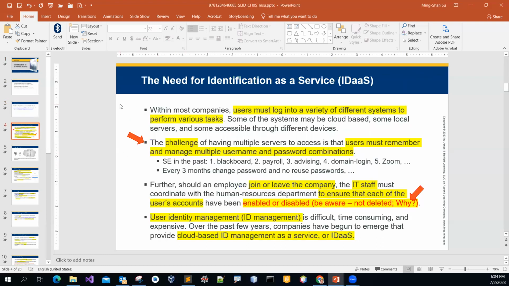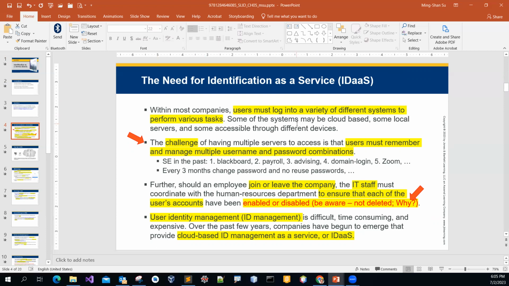So the question we want to ask is why bother, right? Why do we need identification as a service? In most companies, users must log into a variety of different systems to perform various tasks.